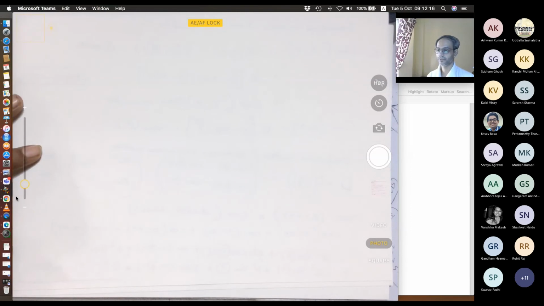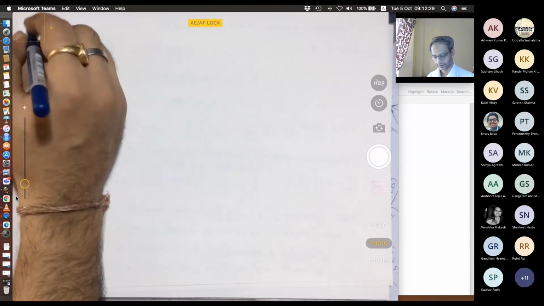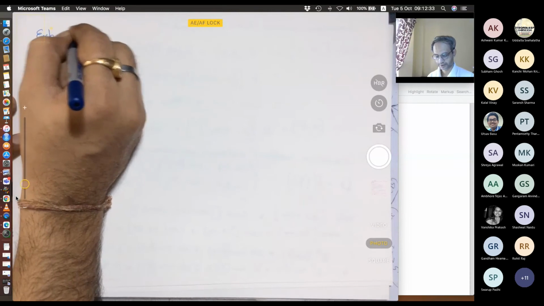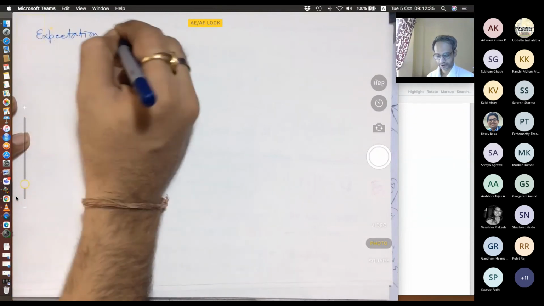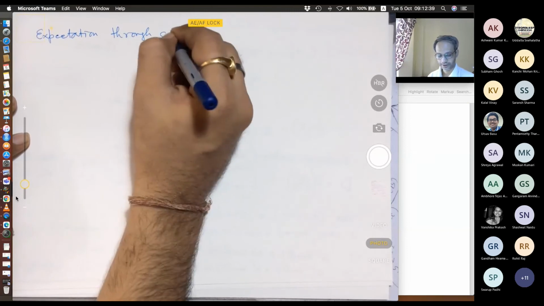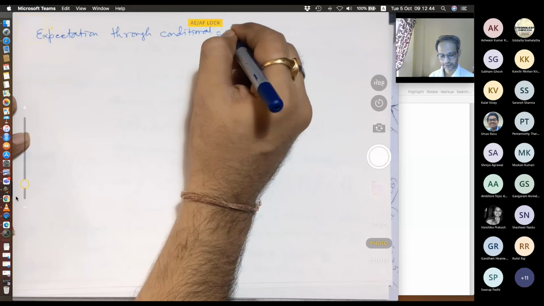If you really want to become a master of probability, this tool you have to learn with great interest as well as great depth. So, expectation through conditional expectation.